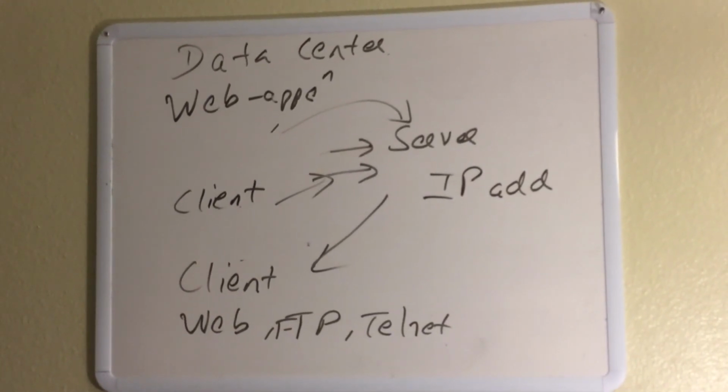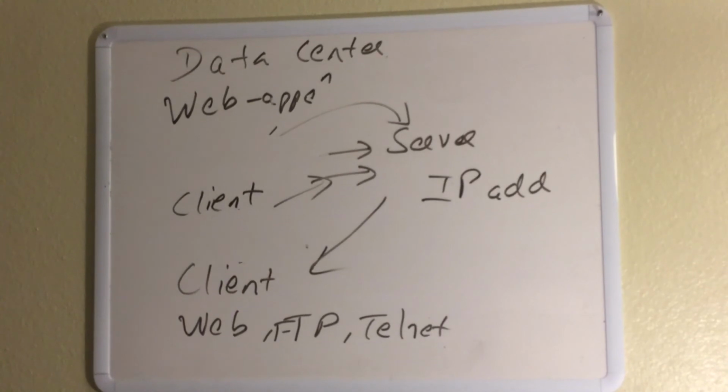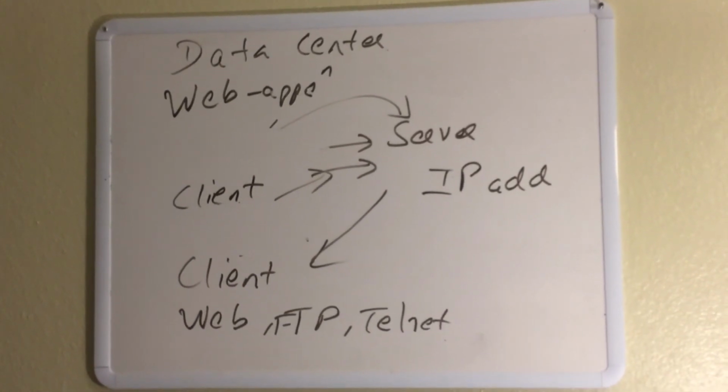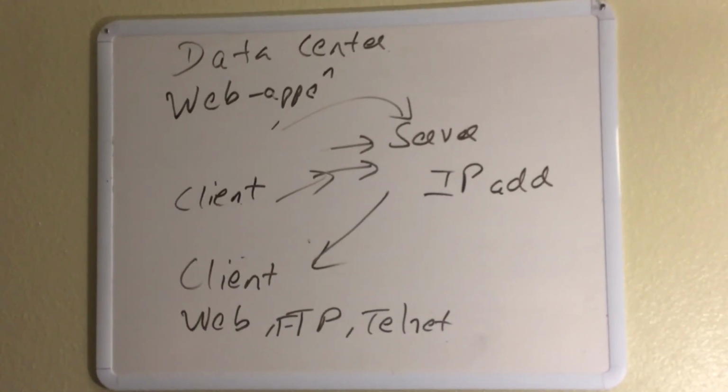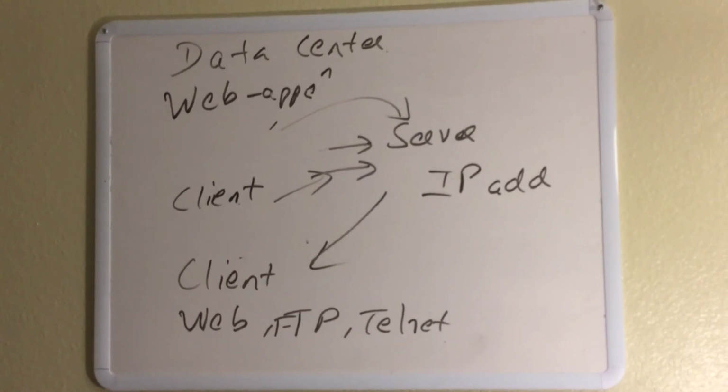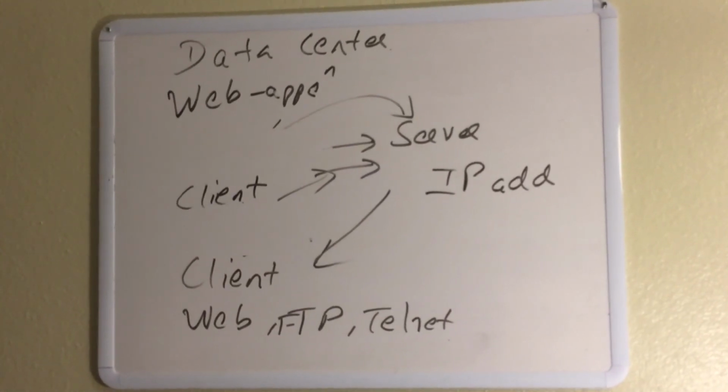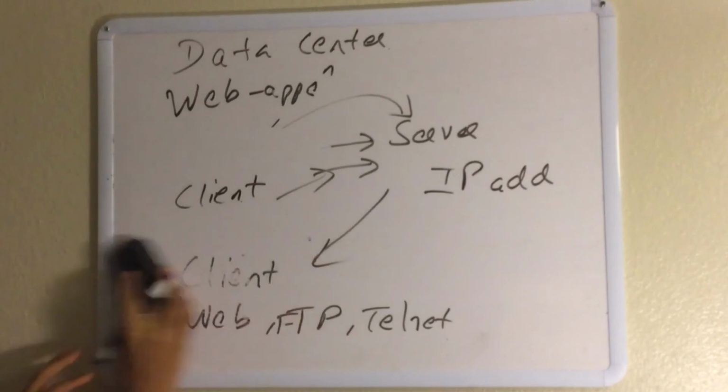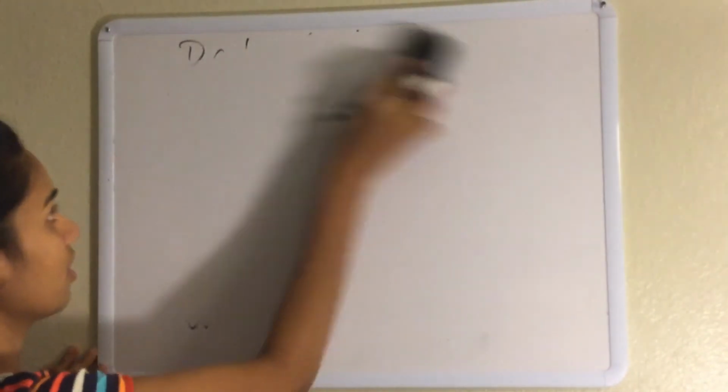Next, we move on to P2P architectures. In P2P architectures, there is no reliance on dedicated servers or data centers. Instead, the application exploits direct communication between the peers.